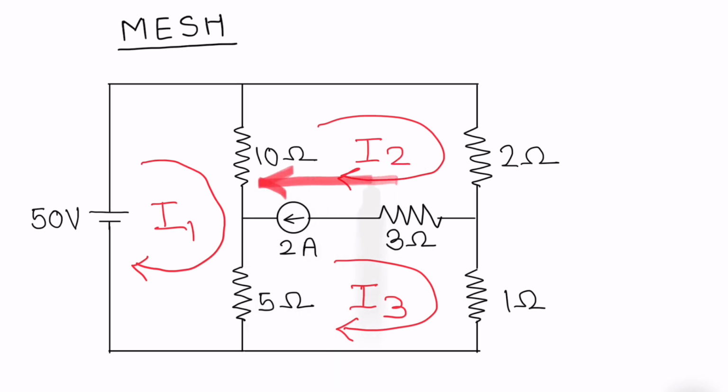I2 is flowing in the same direction as the current source, but I3 is flowing in the opposite direction of the current source. So the equation of this current source will be plus I2 minus I3 equals 2.